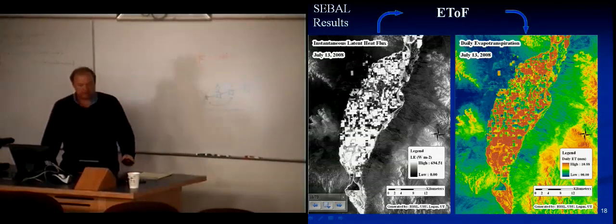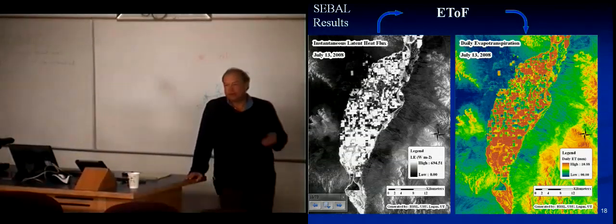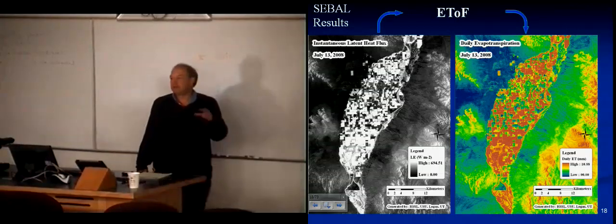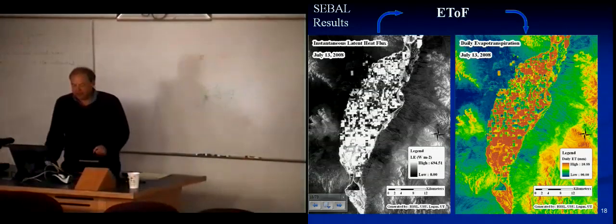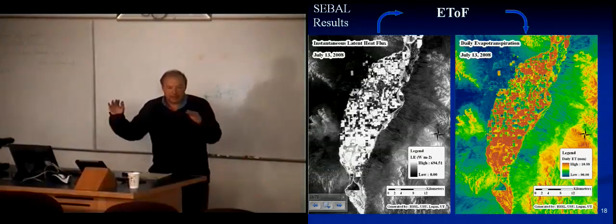This model is programmed up in ERDAS Imagine, and there's an iterative component to it, but you run it separately in a spreadsheet. The Monin-Obukhov stability corrections, all that.